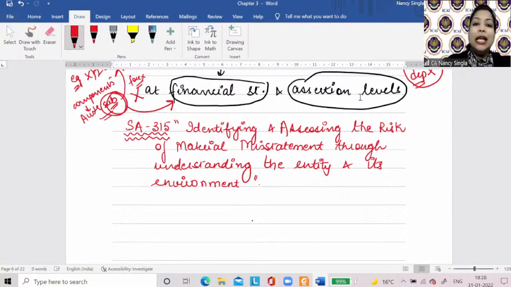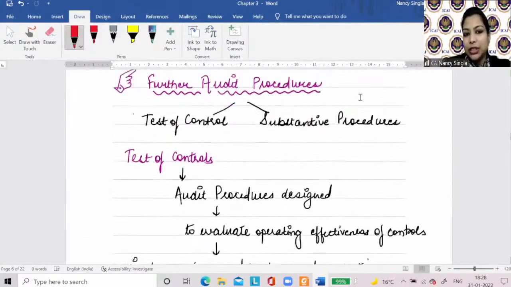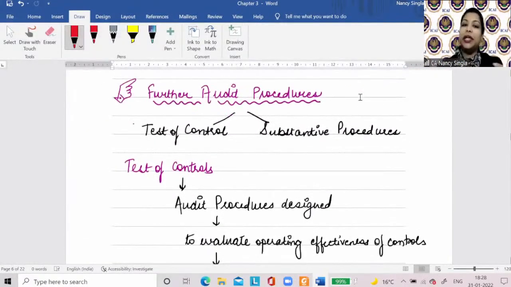ठीक है. Now, once the auditor performs the risk assessment procedures, that is, once the auditor assesses the risk of material misstatement under SA 315, then the auditor responds to such risk under SA 330. What is the name of the SA?